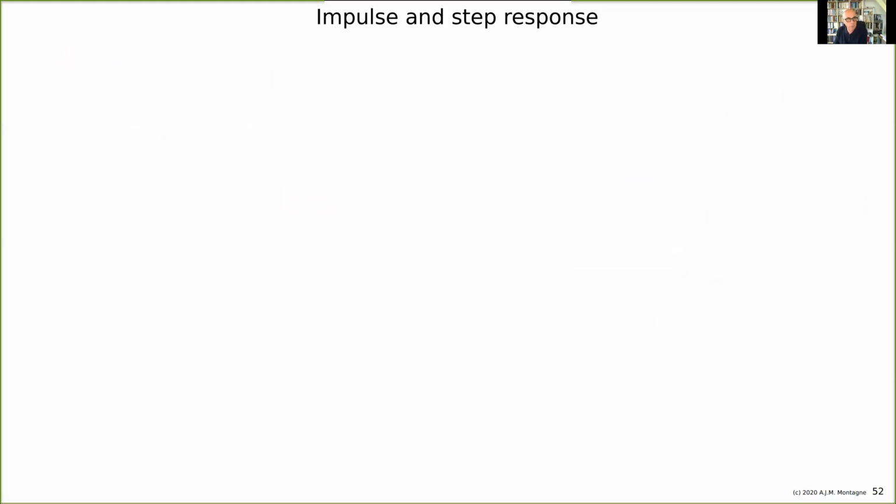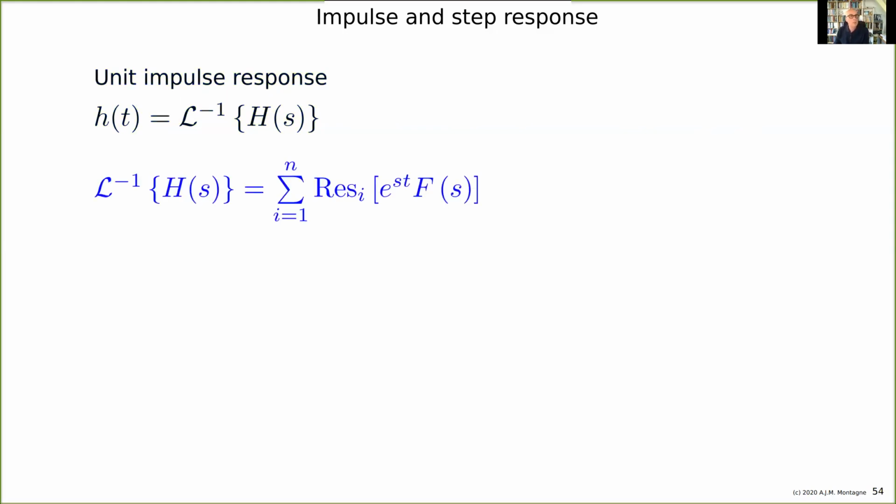Impulse and step response also relate to poles and zeros. We know that the impulse response is the inverse Laplace transform of the system function. And here we can calculate it from the residues. Interesting is that you see that there is the exponential function there.